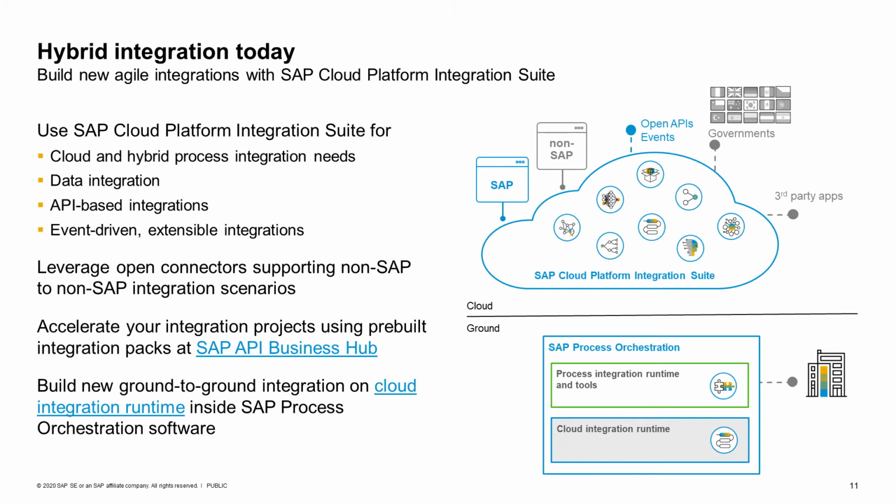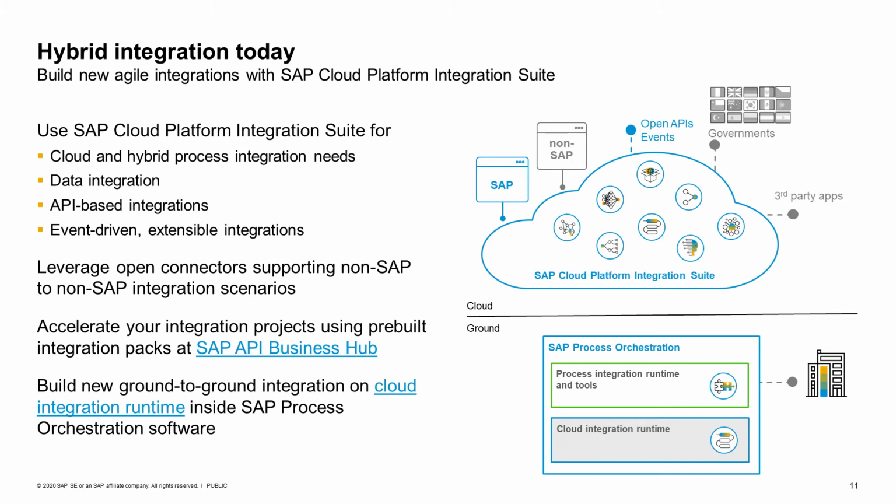Process orchestration is a more comprehensive solution comprising process integration, business process management, business rules management, and B2B EDI capabilities. Nowadays, we position process orchestration as our strategic integration platform on-premise, complementing Cloud Platform Integration Suite, which is more suited for hybrid and cloud integration.